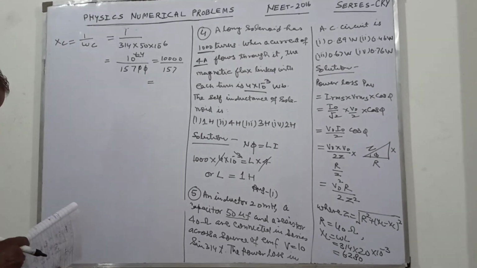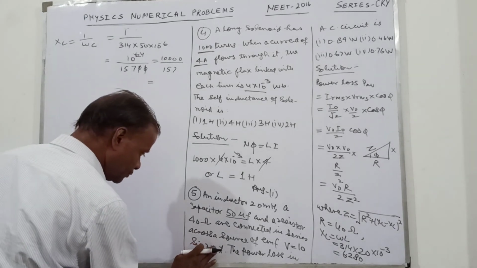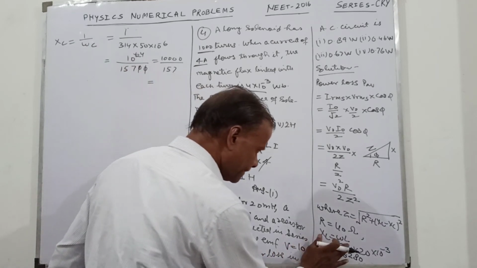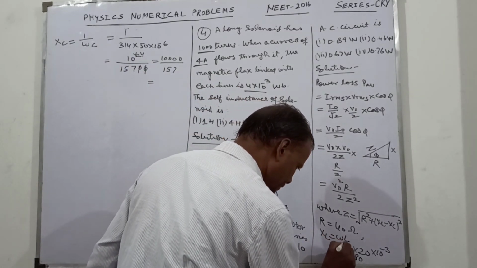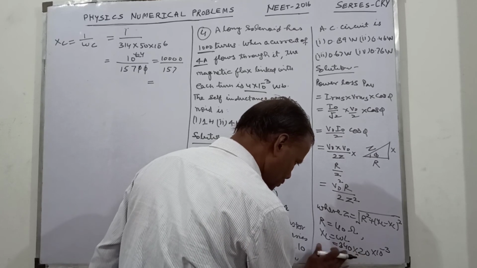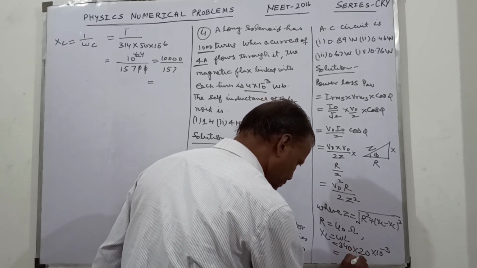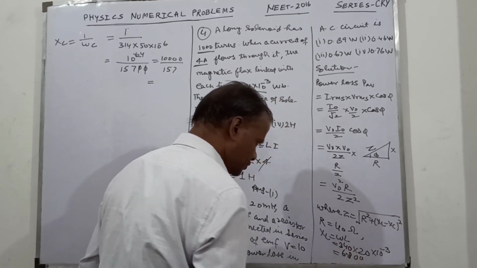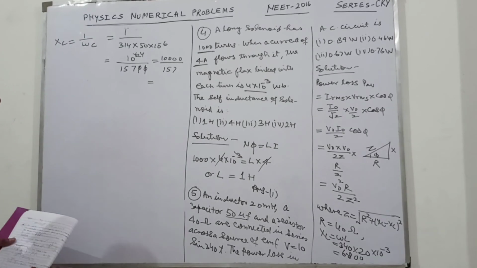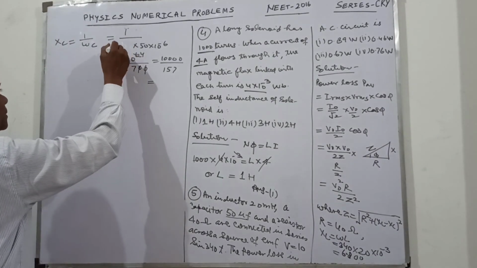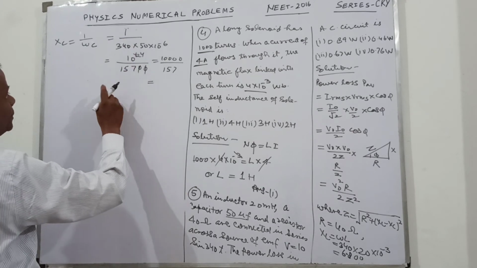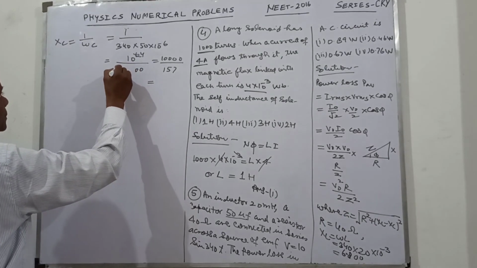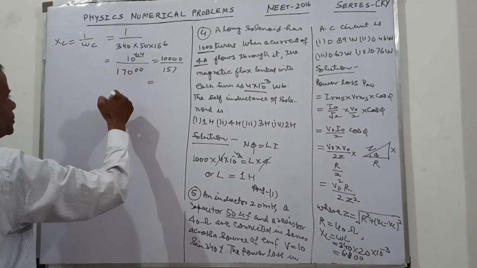We know 340. So this will be 0, 0, 8, and this is 6.8. This is 340, so this will be 0, 0, or this is 170.